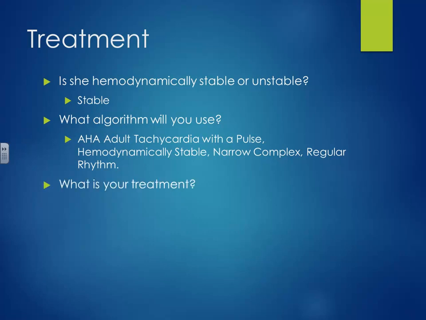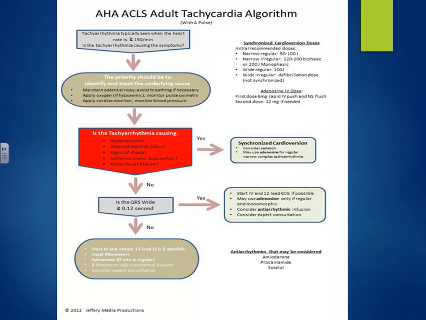First, what's your treatment? All right, 12 lead, oxygen, IV, vagal therapy. If vagal doesn't work, then... Is the tachyarrhythmia causing hypotension, altered mental status, signs of shock, ischemic chest discomfort, or acute heart failure?